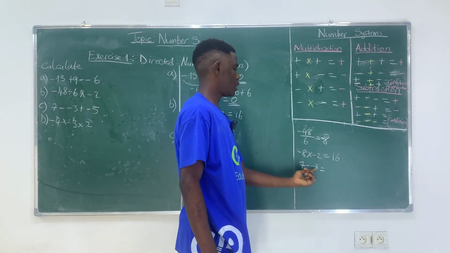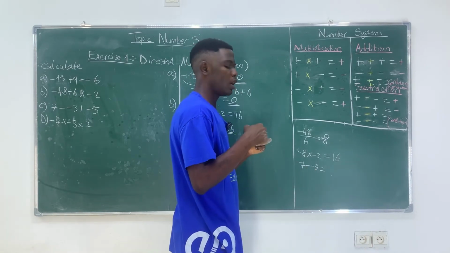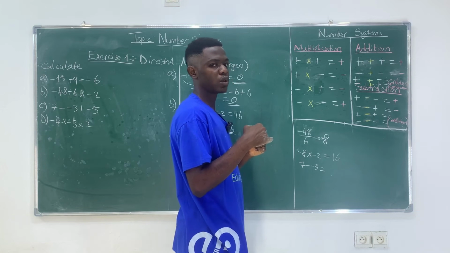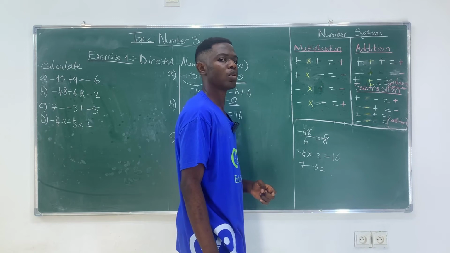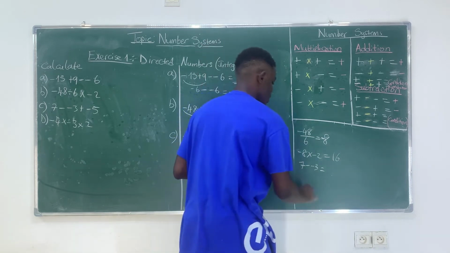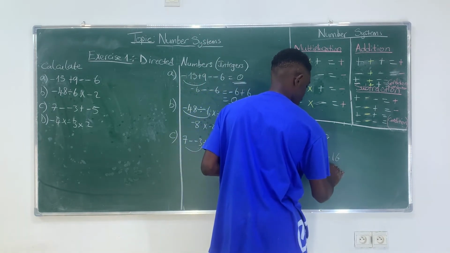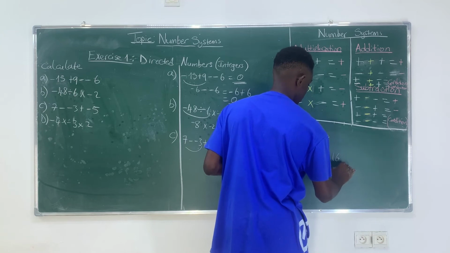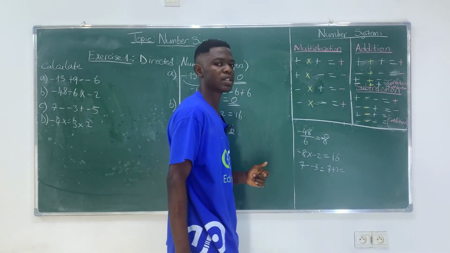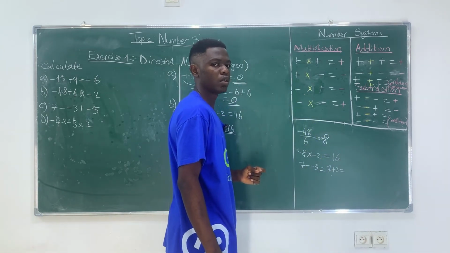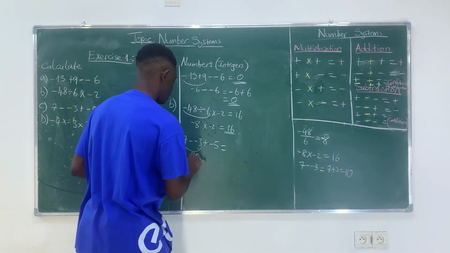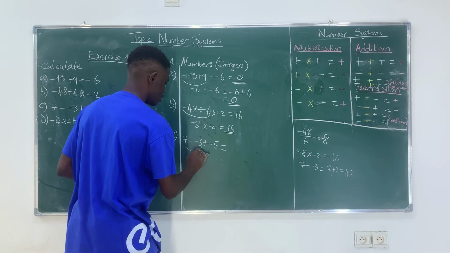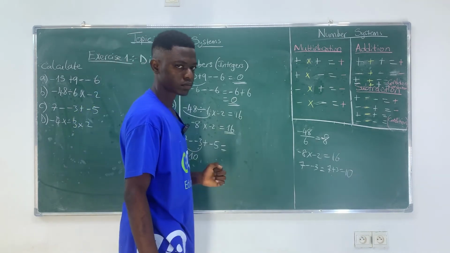When a minus and a minus sign are directly next to each other, it is equal to plus. So it is the same as 7 plus 3, which is 10.